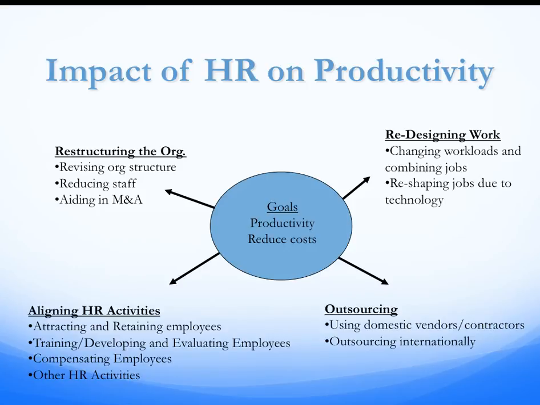We may decide to do like Cisco Systems does, where we acquire businesses, and so we need to develop HR policies to help the organization merge into the home company. So, how do we create a smooth transition and a seamless way of doing business when we're bringing in outsiders?